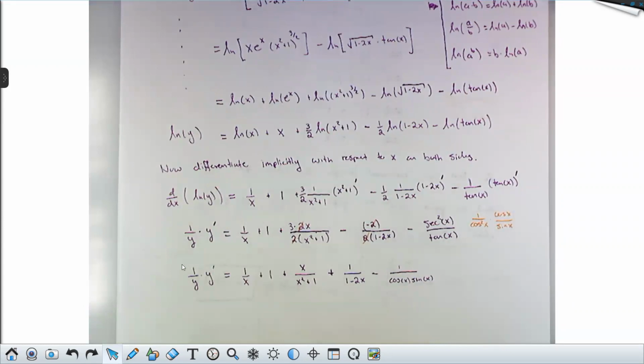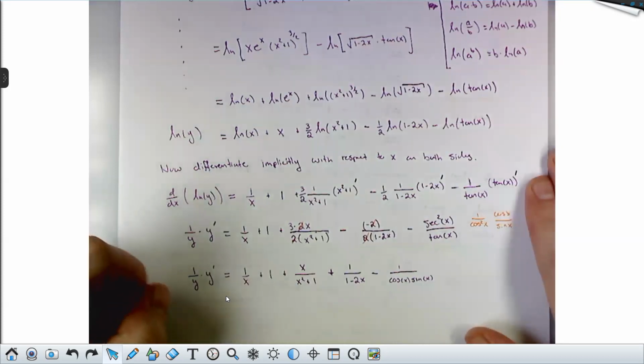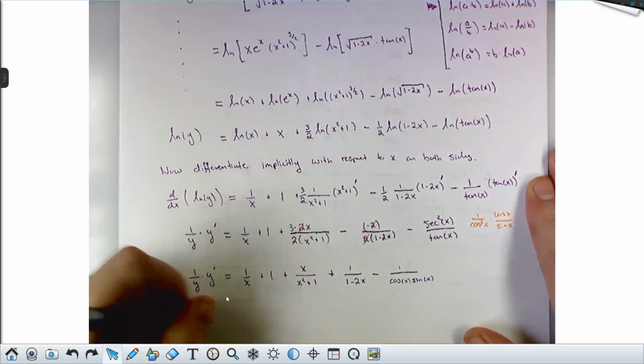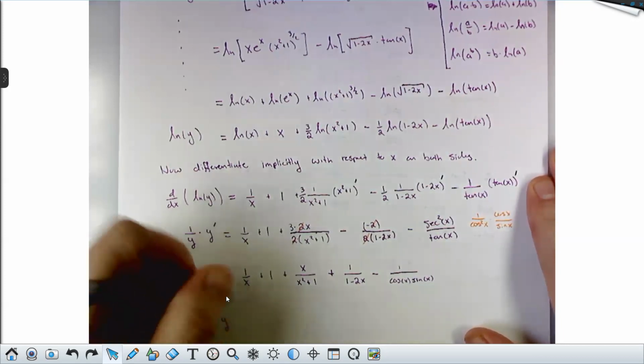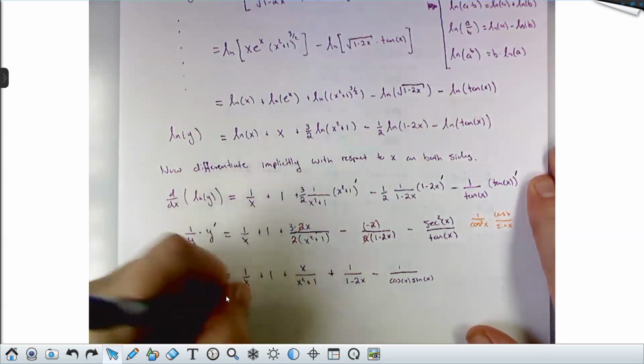Now, the last thing we would do here, we got to multiply both sides by y, because I want y prime. So y prime is y times all of this.